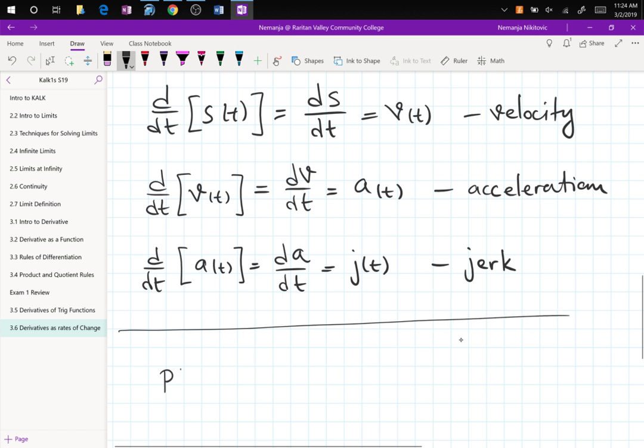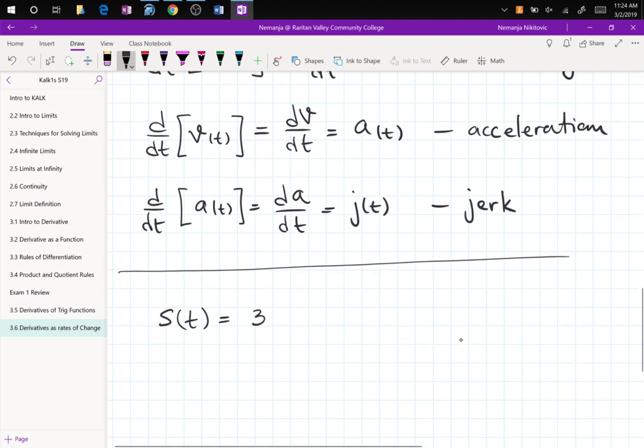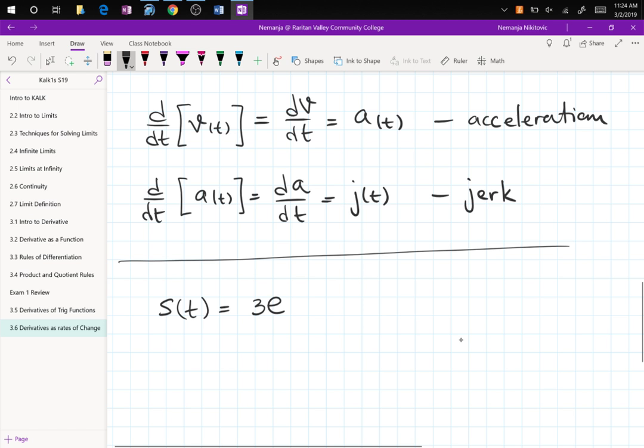Say my position function s of t is given as, I don't know, let's do this one: 3e to the negative 2t cosine 5t, for instance. Oh no, we did the a, so we can. Okay, fine. So you take a look at this function.